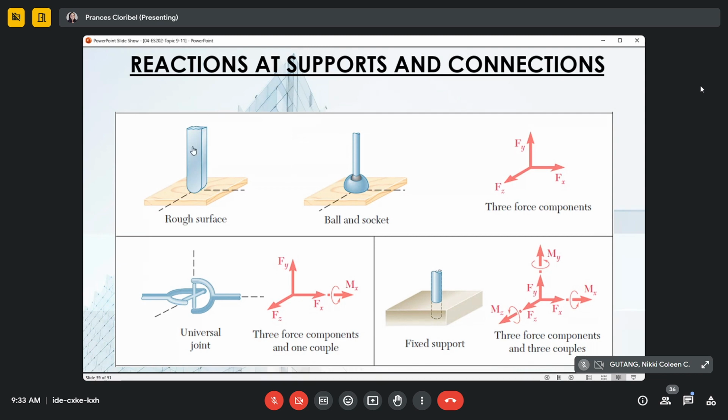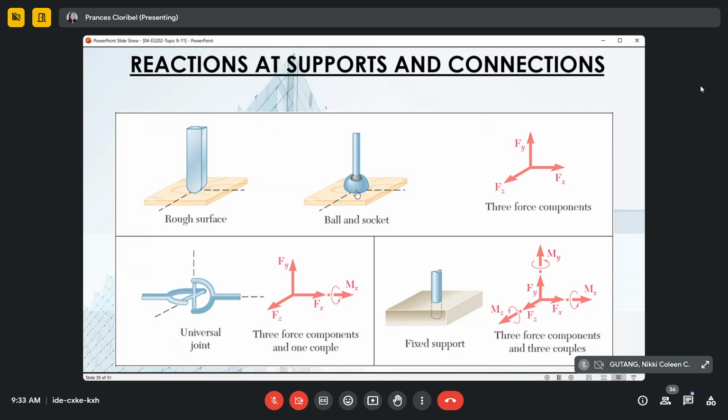Ang y is restricted kay gipatong man siya. Ang z ug ang x can have a resisting force due to friction along these two axes. So therefore, tulo kabuok ang atoang reaction force for these types of supports.